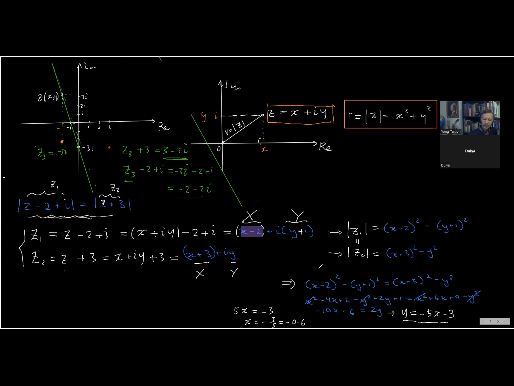And the second one is z3. That would be x plus 3 squared minus, plus or minus? Plus. How did you change the sign here?